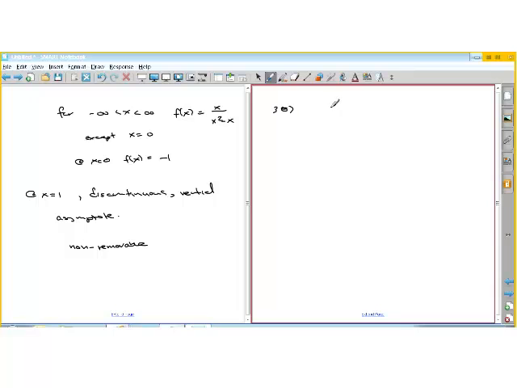Okay, 38. The function is x over x squared minus 1. So it's like the previous problem. We want to see whether we have a common factor, which we don't in this case, because if I factor the denominator, I get x minus 1 times quantity x plus 1.